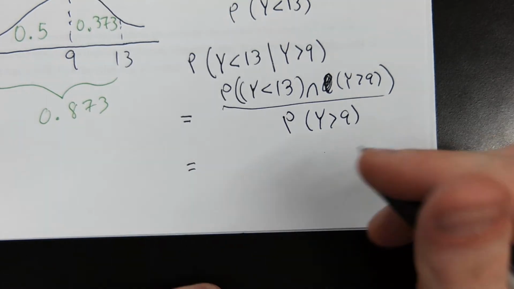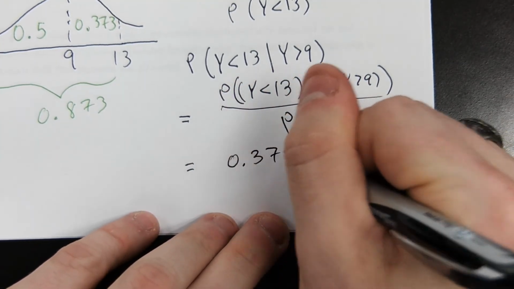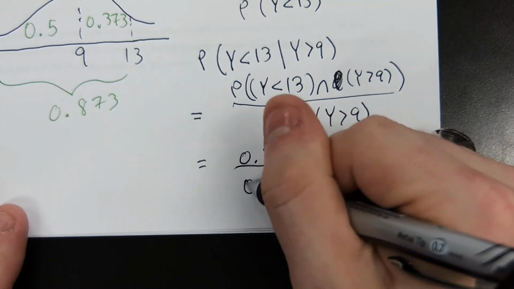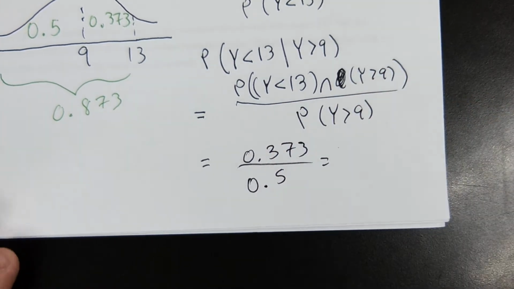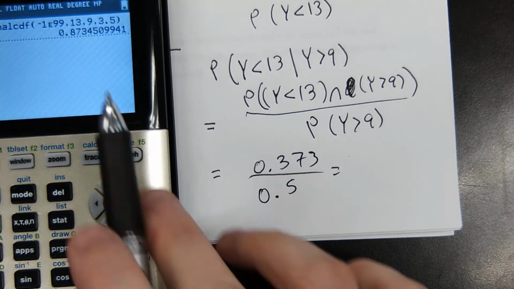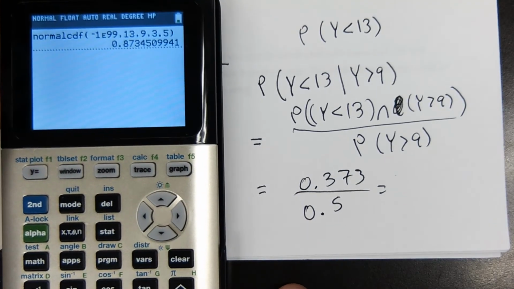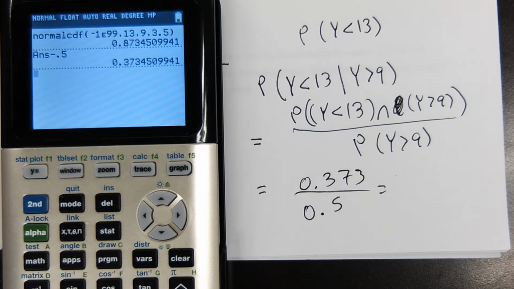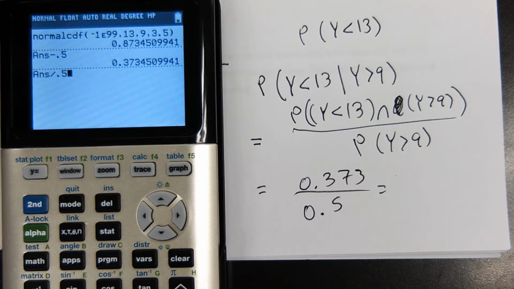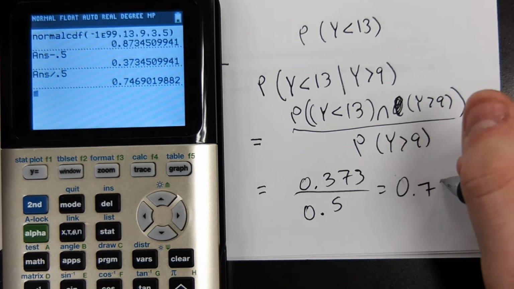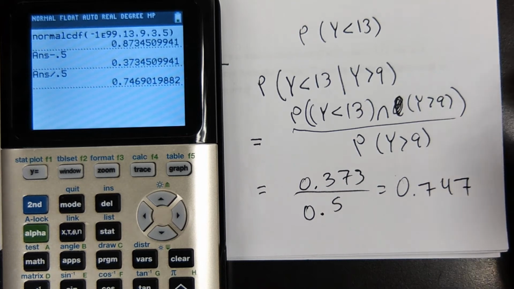So 0.373 divided by the probability it's greater than 9, 0.5. And what is that? I just need to subtract the 0.5 to get that 0.373 that we talked about. Then I'll just divide that by 0.5. 0.747. Yes, I can round.